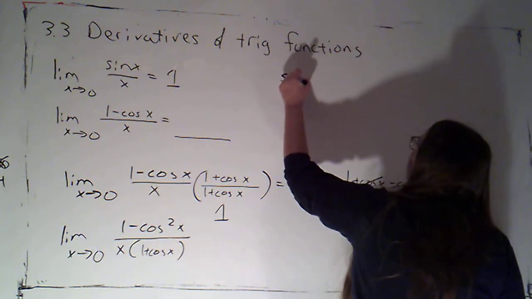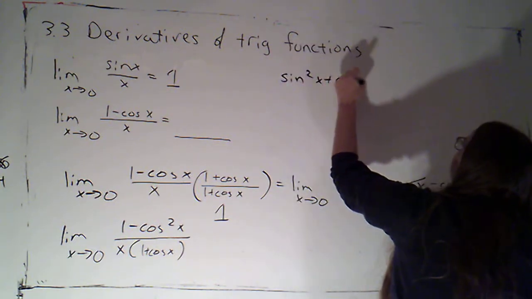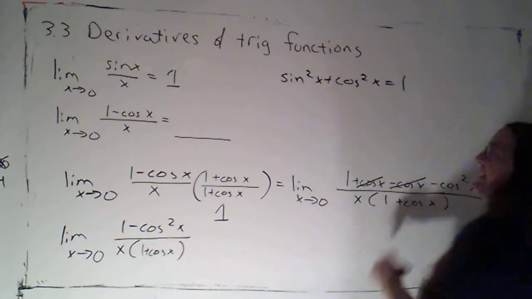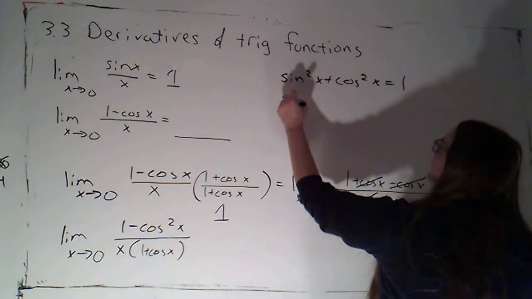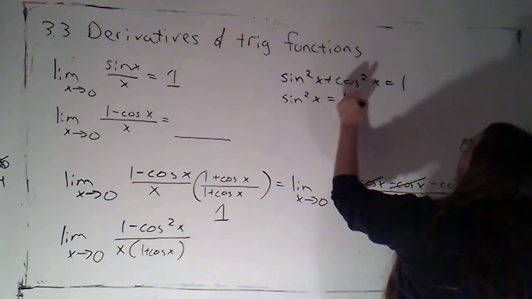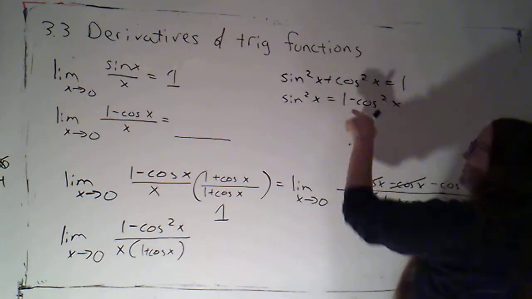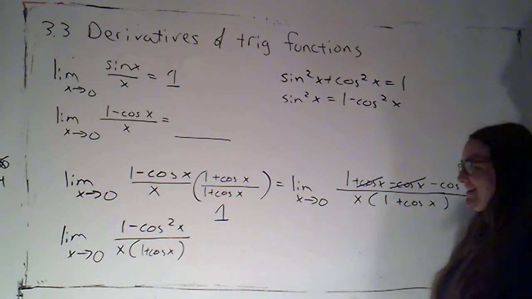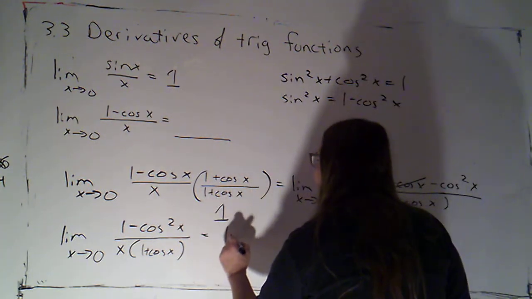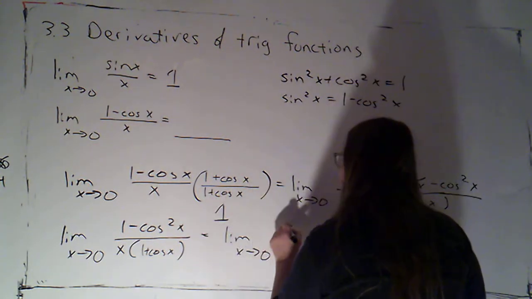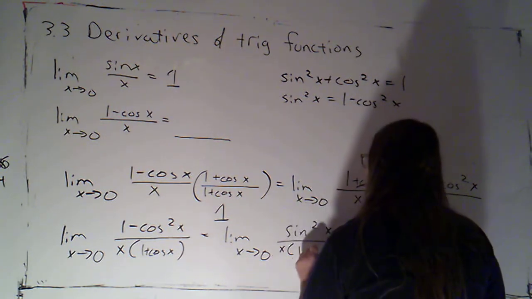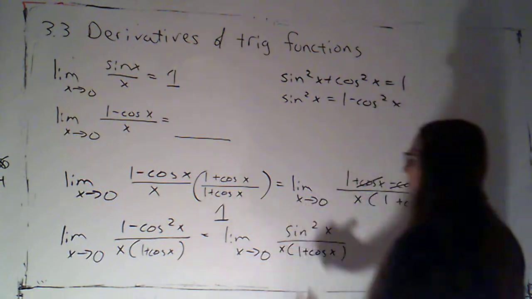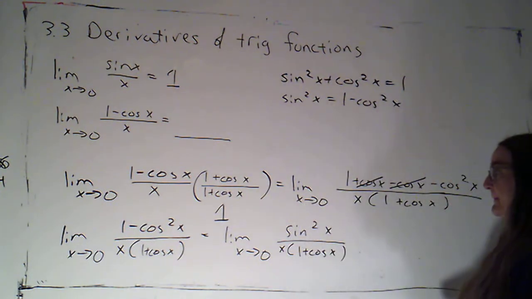I know that sine squared x plus cosine squared x is 1. That's my basic Pythagorean identity. What that means is that sine squared x is the same as 1 minus cosine squared x. So I can write this as the limit as x goes to 0 of sine squared x over x times 1 plus cosine x.